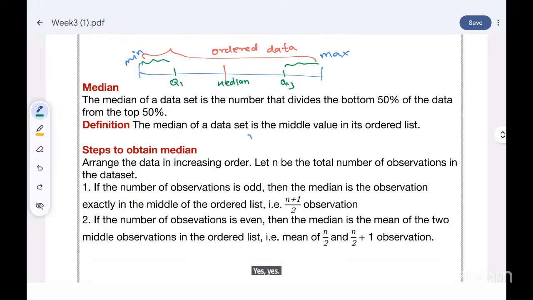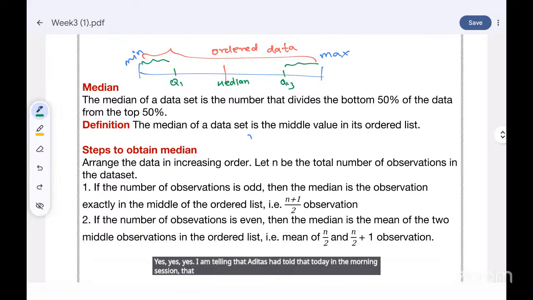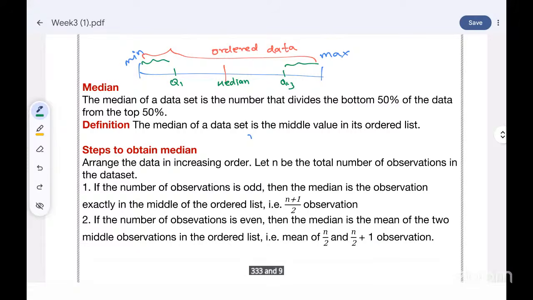I am telling that Aditya sir told in the morning session that if we change the values of the mode, then the mode will change. Let us take 2, 5, 3, 3, 3 and 9. Then the mode will be 3.